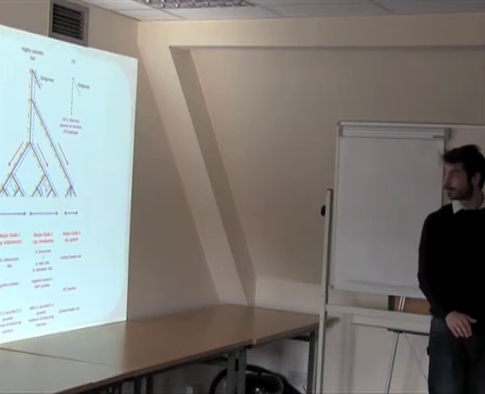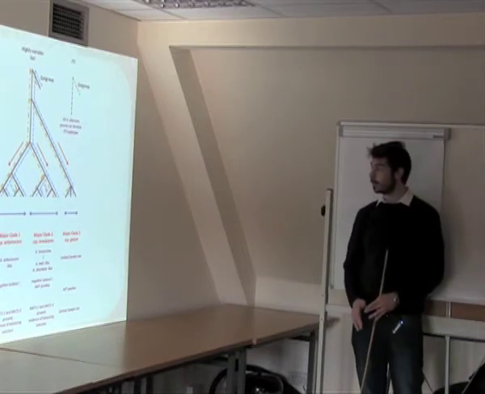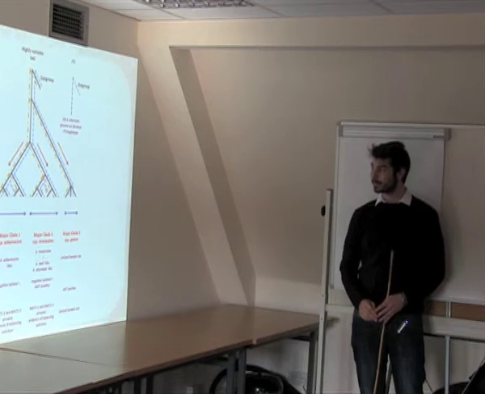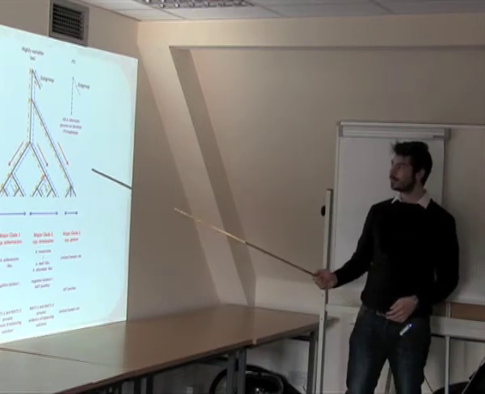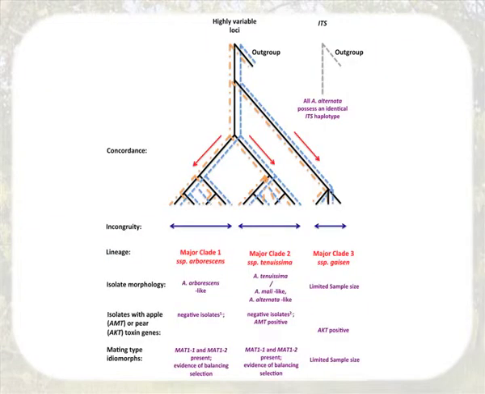So, in summary of the work that I presented, I can produce this cartoon. Within the Alternaria alternata species group, all of our isolates show a single haplotype for the fungal barcoding locus, ITS.